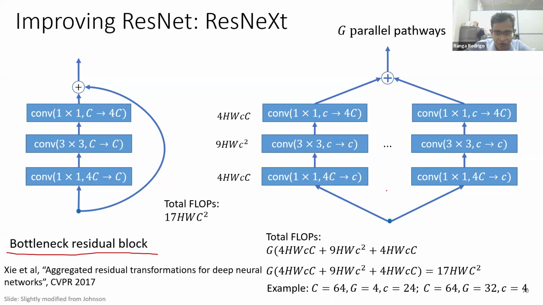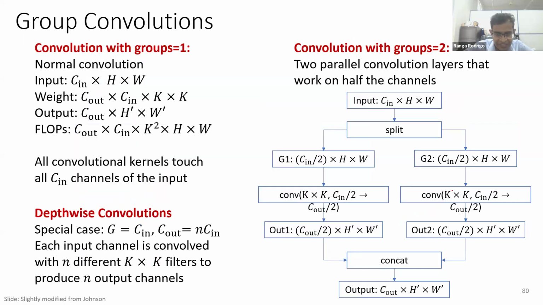What they do in group convolutions is have G parallel pathways. That means they break the number of channels into that many G parallel pathways. That's what the group convolutions are.